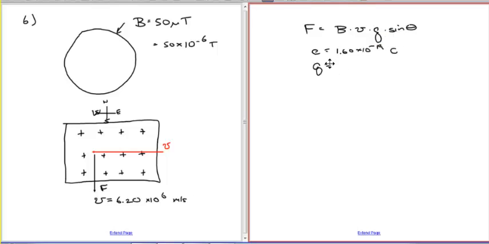So q in this case, which is just the general charge that we're talking about, is a specific charge of 1.6 times 10 to the minus 19th. B, we already know, is 50 times 10 to the minus 6 Tesla. Velocity is 6.2 times 10 to the 6 meters per second.